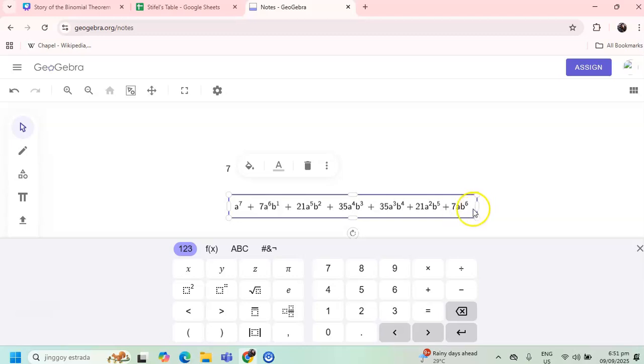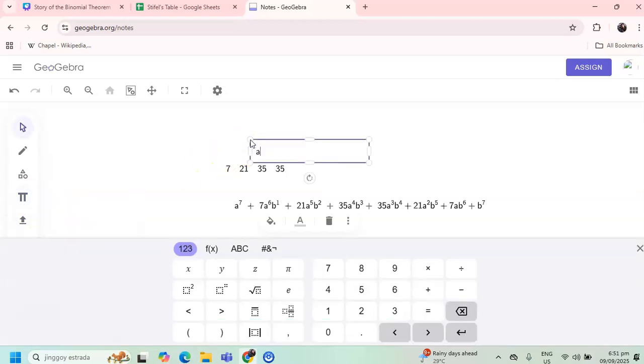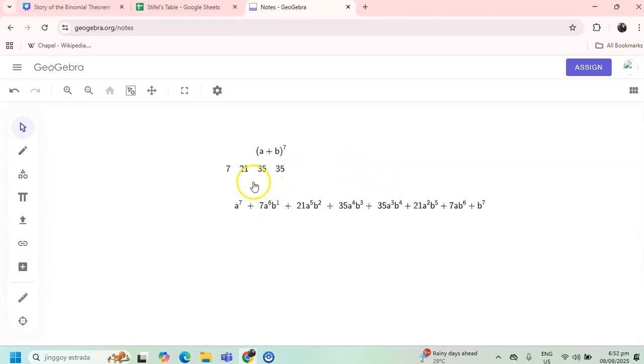And finally, the last term will be just b to the 7. Alright, so these are the coefficients for the binomial expansion a plus b raised to the power of 7. And we use these coefficients this way.